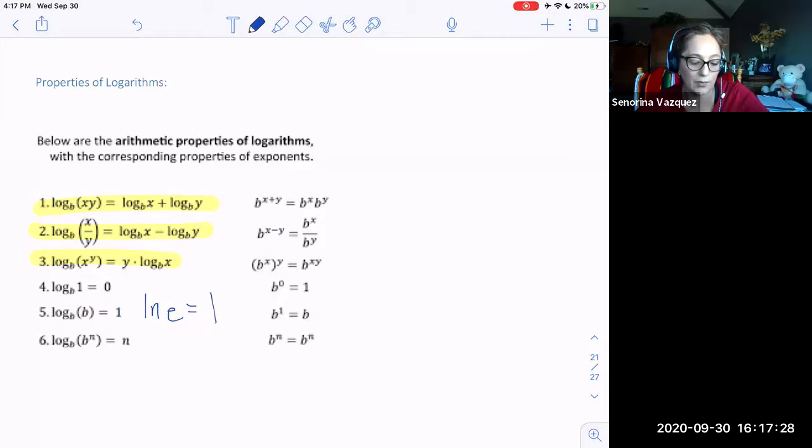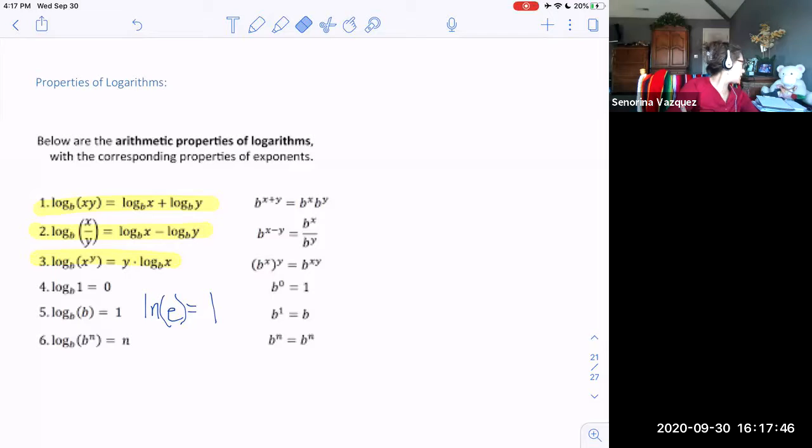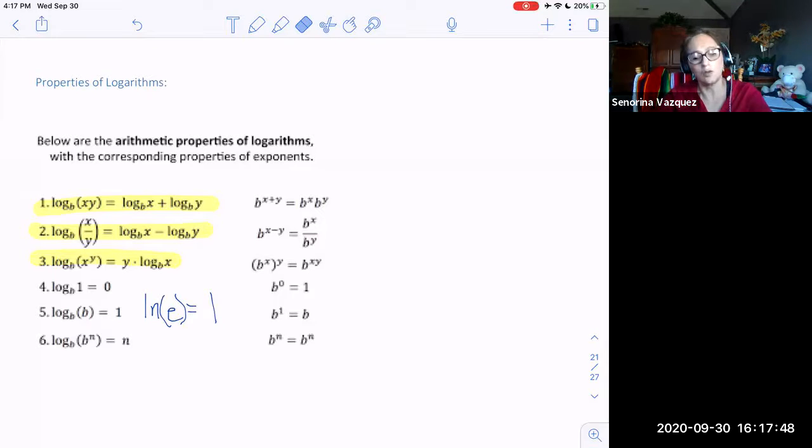So you've got to remember that the natural log of e, and this is of e because the natural log has a base of e, is equal to 1. Okay, so what else did I need you to remember? I think that's it for now. Let's go ahead then and jump in.